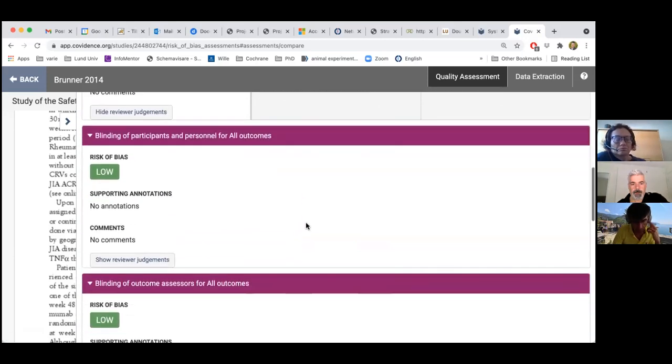Then we have blinding of participants and personnel, so of the children with disease and the doctors and nurses involved in the study, and then of those who assess the outcome. So two separate outcomes. This is performance bias, this is detection bias, and I think this is quite easy to understand.